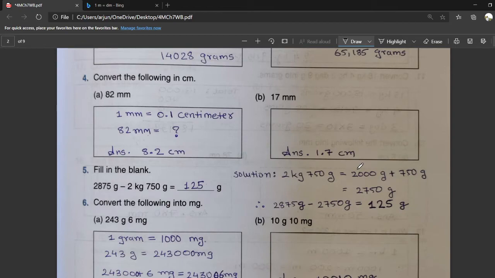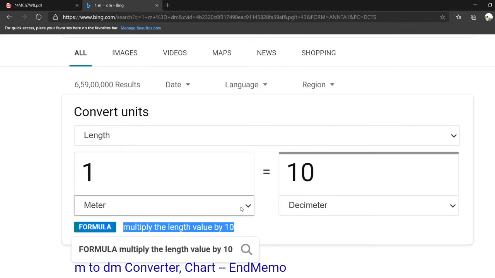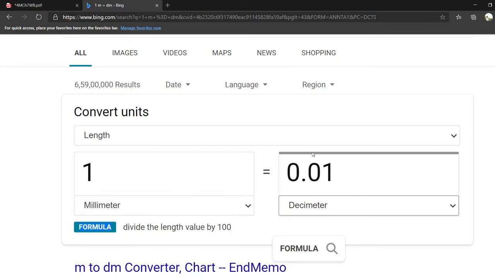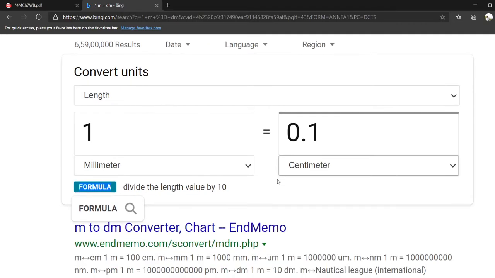Convert the following into centimeter. Now we have to convert mm to centimeter. So now let's see the conversion. For converting millimeters to centimeters, we have to divide the length by 10. 1 millimeter equals 0.1 centimeter.